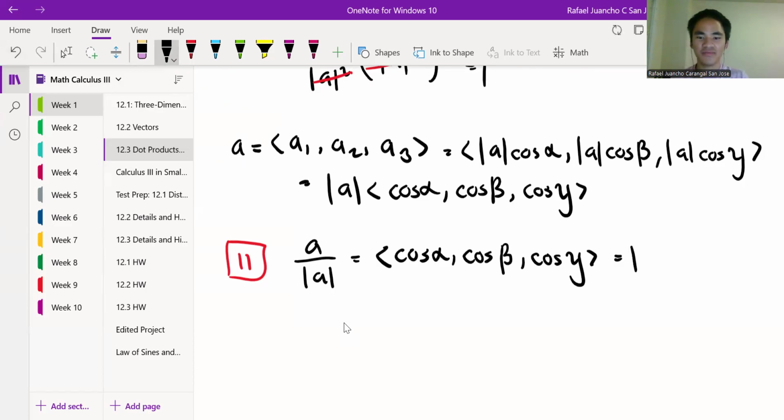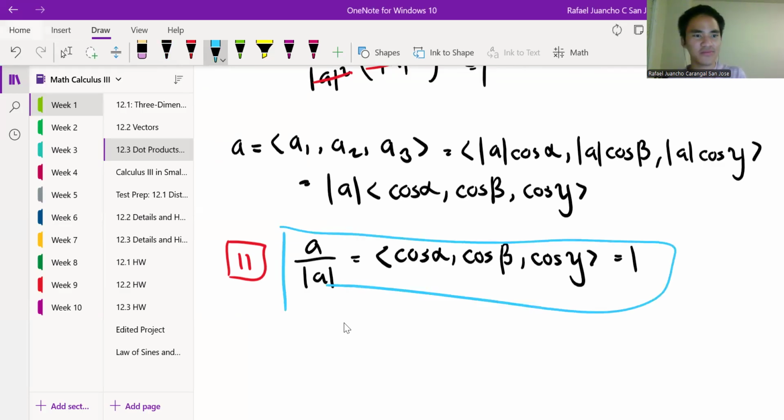It's always going to be 1. Right? So that's fun. Yeah, that is fascinating. So that says that the direction cosines of A are the components of the unit vector in the direction of A. What a tongue twister. Anyway, but yeah, that's what this thing is explaining.